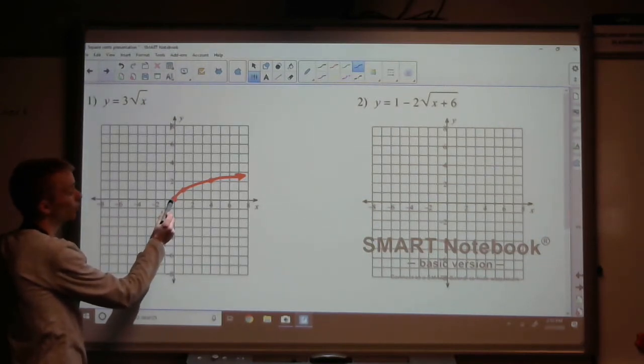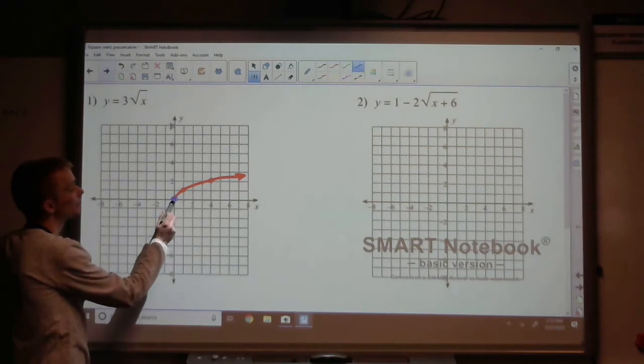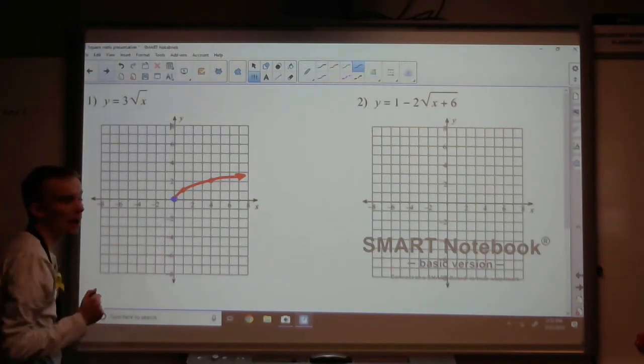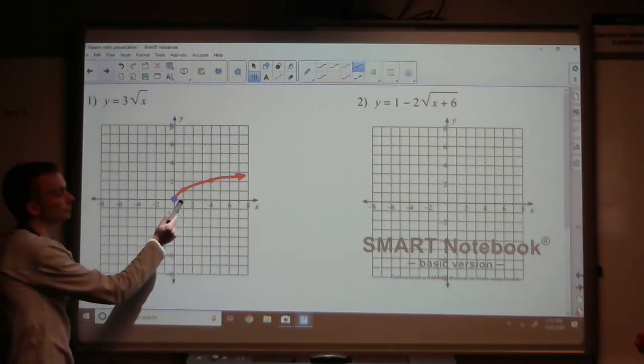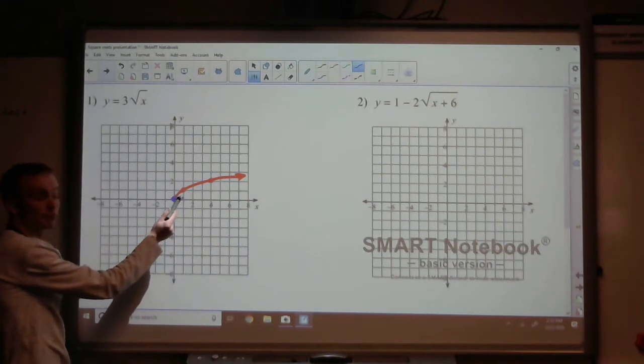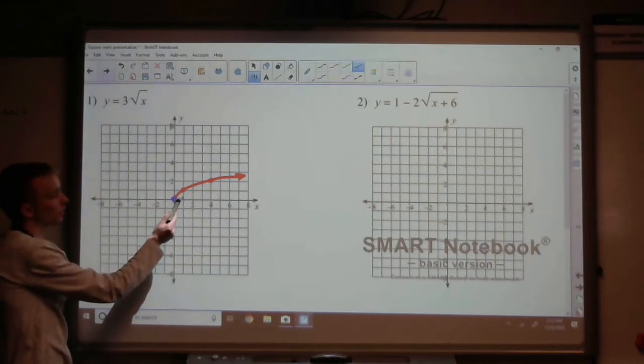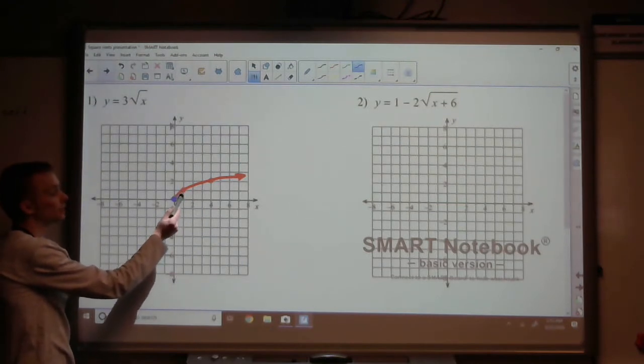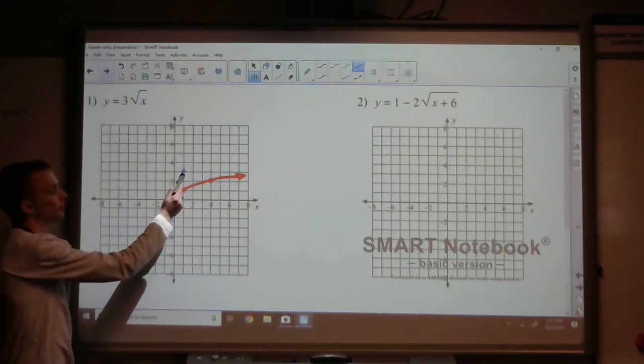Timesing that by 3, I would still be at 0. Okay? But what about at 1? When I do 1, y is 1 here, times 3 is going to put me up at 3. 1 times 3 is 3. So 1, 2, 3 is where I'm going to be.